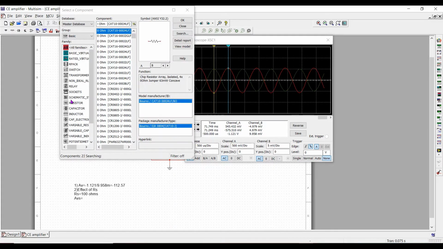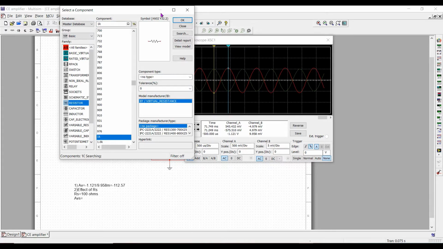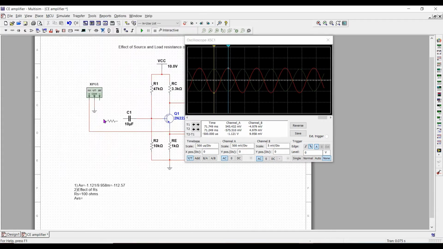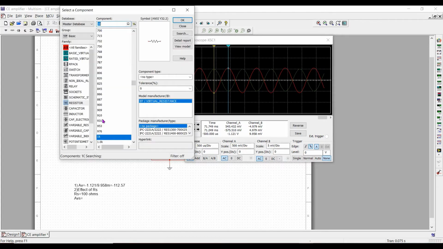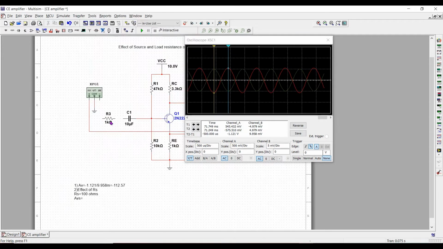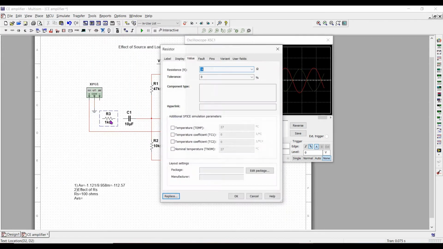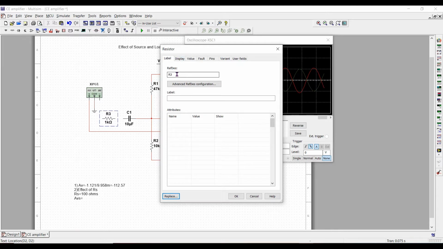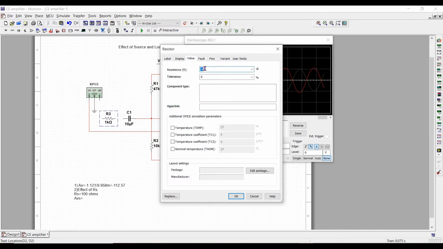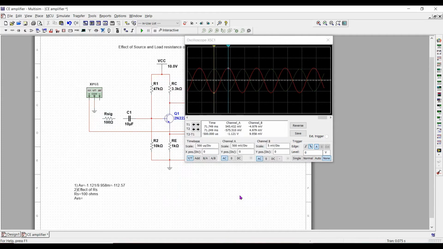Source resistance comes in series between input and capacitor. Label it as RS or RSIG. The value is 100 ohms, connected to the capacitor as it is in series between input and capacitor.